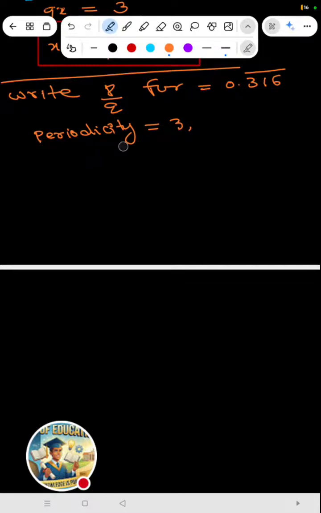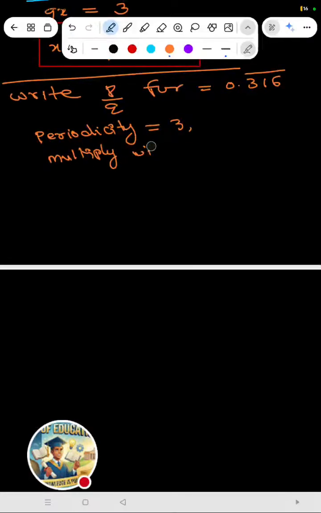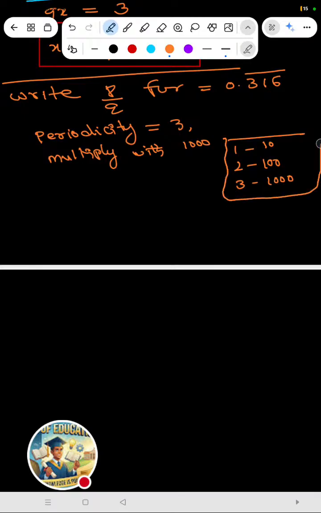If the periodicity is 3, we have to multiply with 1000. If the periodicity is 2, we have to multiply with 100. If the periodicity is 1, you have to multiply with 10. So it depends on the periodicity.